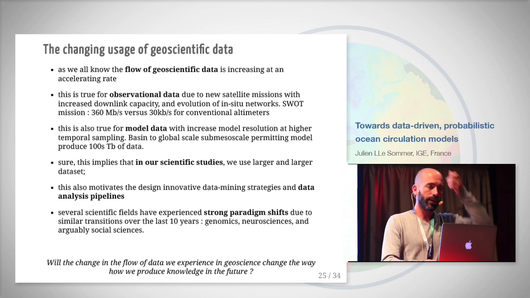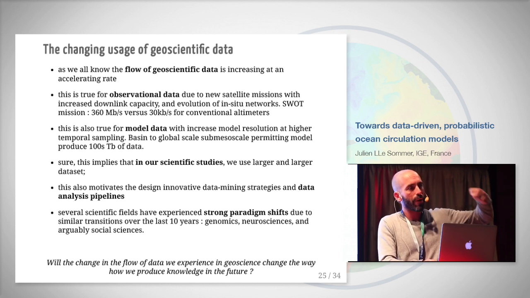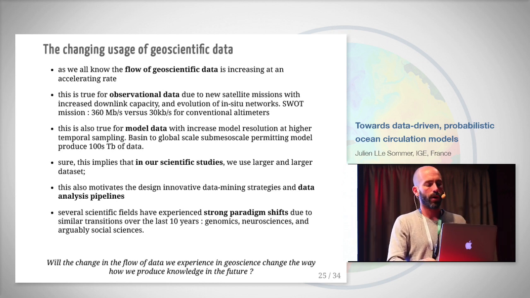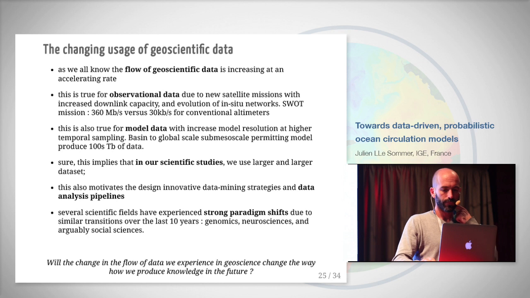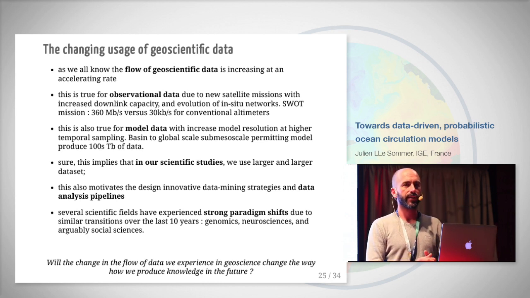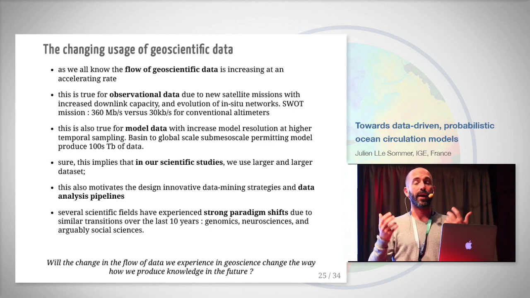It also means that in practice we need to design and use different strategies for getting information out of those data, and different methods and pipelines for fluxing those data across our analysis. And you're probably all aware of the fact that this constraint, the fact that you have to think differently when you have a lot of data, has transformed profoundly, very deeply, certain fields around us.